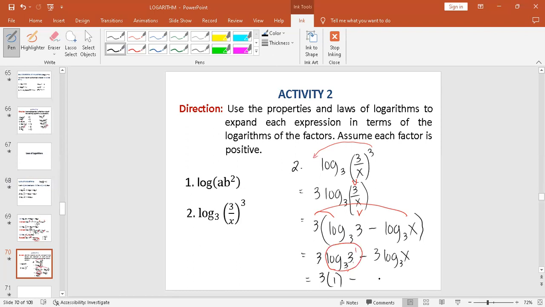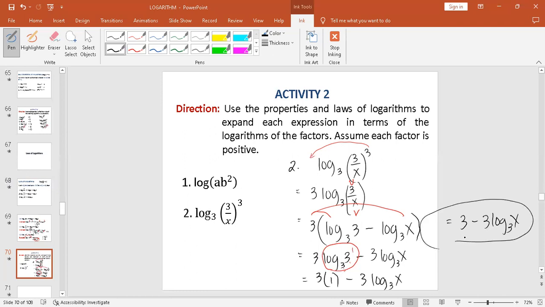Minus 3 log of x to the base 3. Since hindi naman define yung x dyan, hindi natin siya pwedeng i-simplify. So, ang masisimplify lang natin ay yung nasa left side. So, we'll now have 3 minus 3 log of x to the base 3. And this is now the answer.